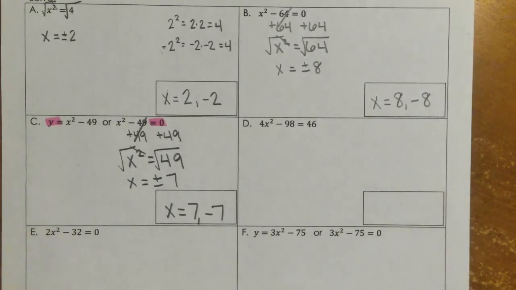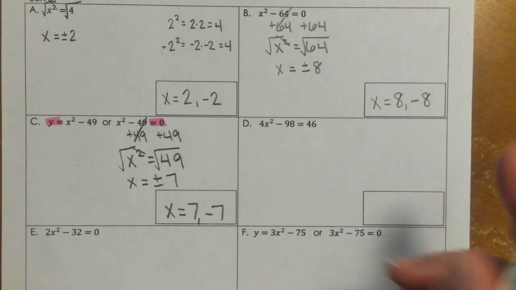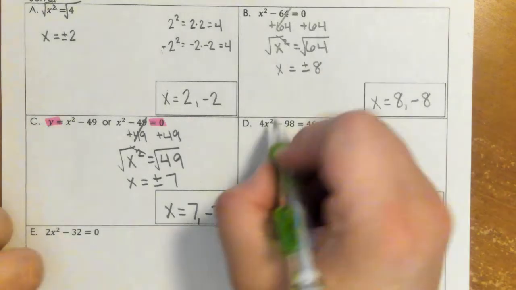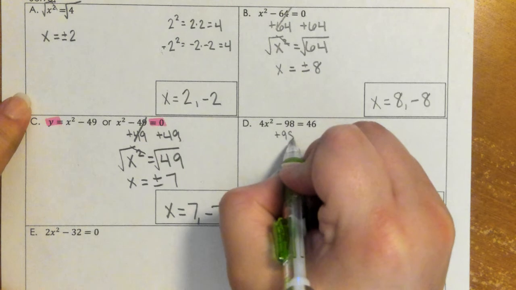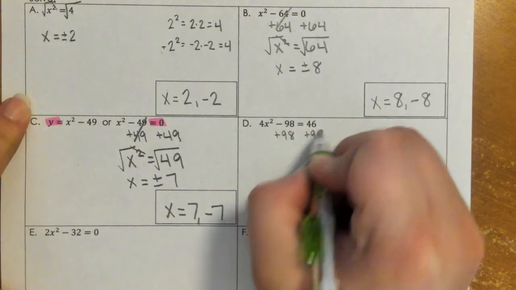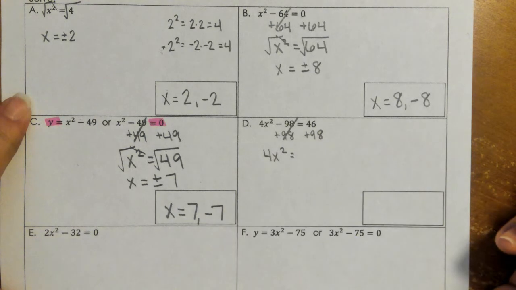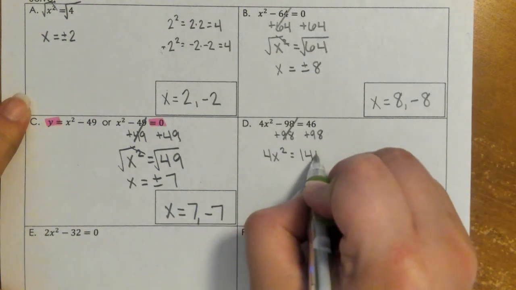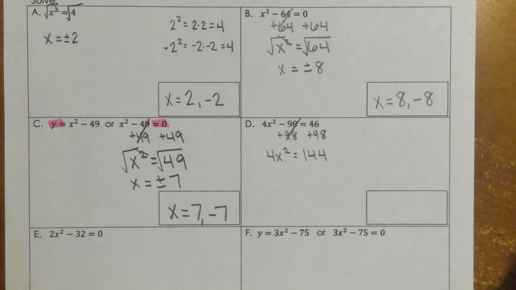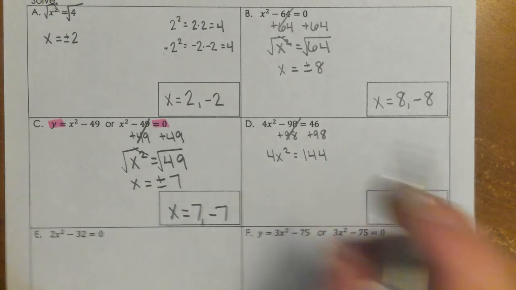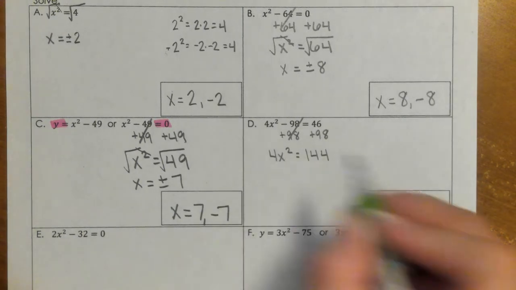Okay, letter D. Can we add or subtract something? Yep, we can add the 98. So we would have 4x squared equals 144. Step 2 says, can you divide? Yes, I have a 4 in front of the x squared.